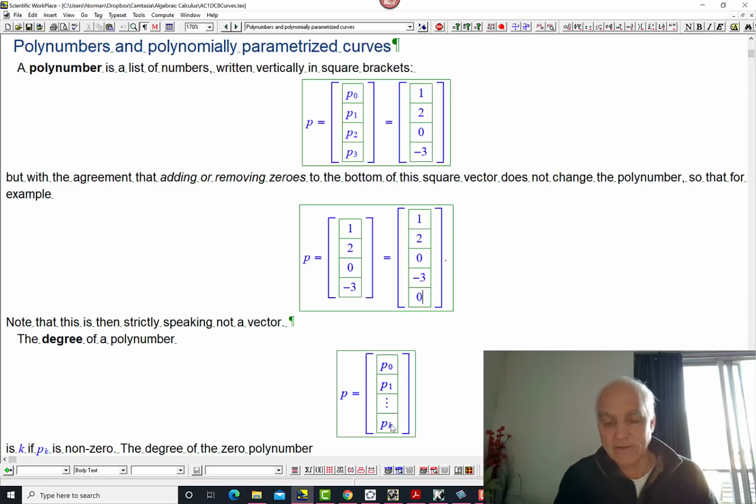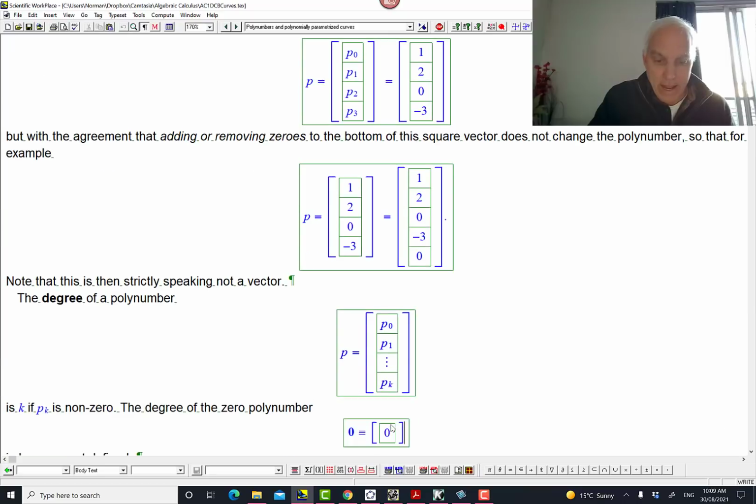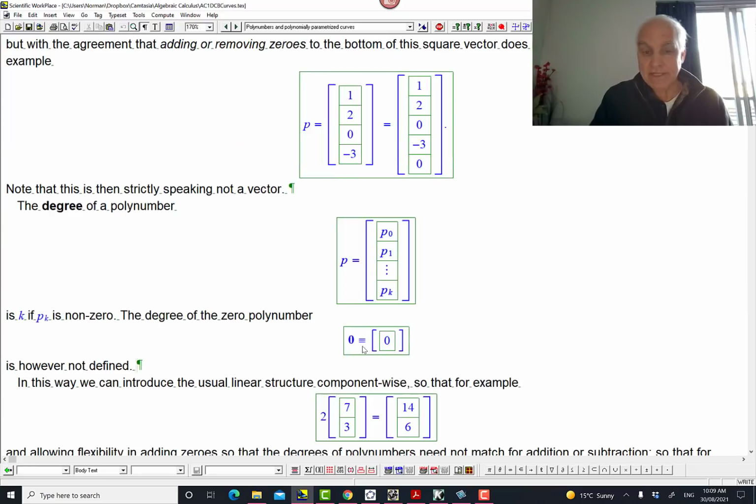So the degree is determined by the last non-zero entry as we read down. And there's a special polynumber, the 0 polynumber, which just has a single 0 in the top 0th place, and we'll say that its degree is not defined.